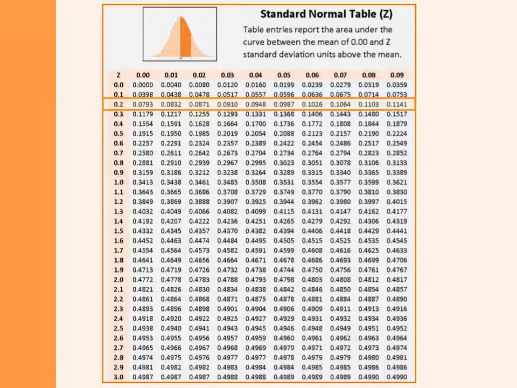Highlight the row of 0.2, add 0.03 to that, so we'll highlight now the column of 0.03, and we see then that those two areas intersect at a value of 0.0910. So 0.0910 area under the curve falls between the mean of 0 and a z-score of minus 0.23.